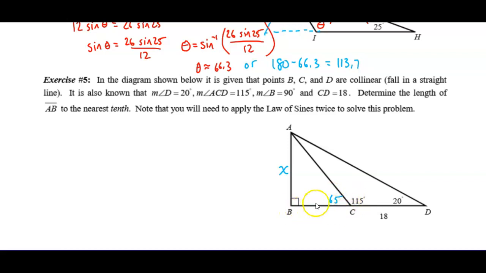So if I knew either BC or AC, I could just use trig, could just use SOHCAHTOA to solve for X. I don't yet, but I have a way to get it because I have two angles in this obtuse triangle and I have a side length here. So as I said at the beginning of this, let's be in the habit of completing whatever triangles we can. I have 115 and 20, so that adds up to 135, which means there must be a 45-degree angle up here.